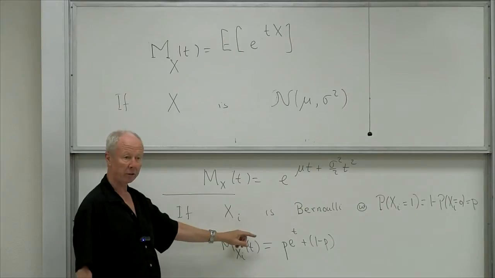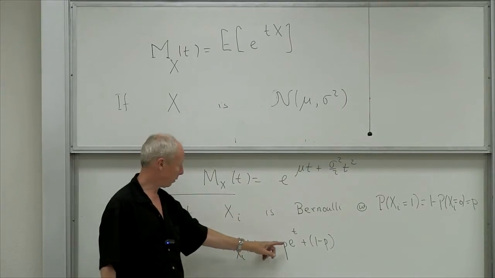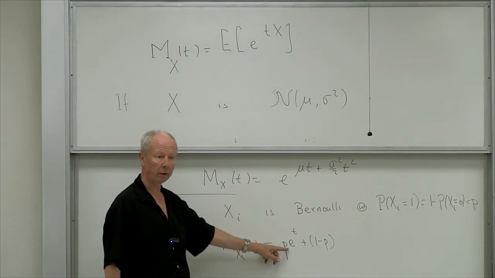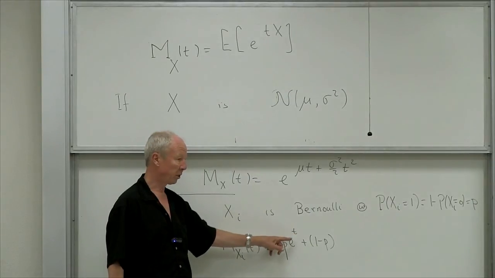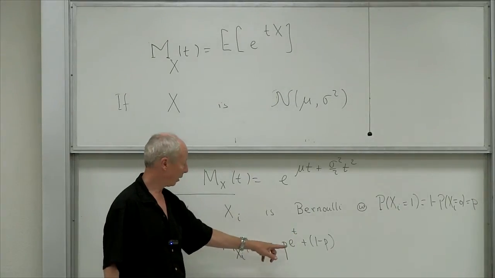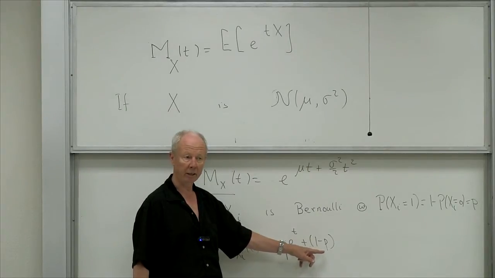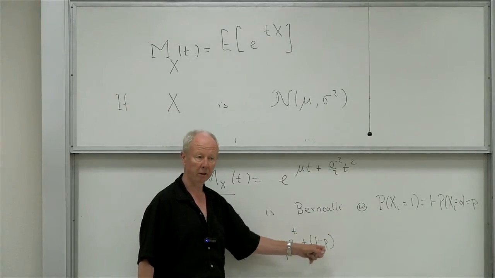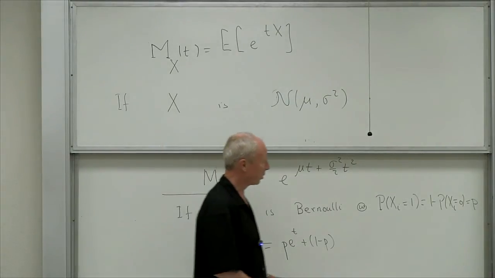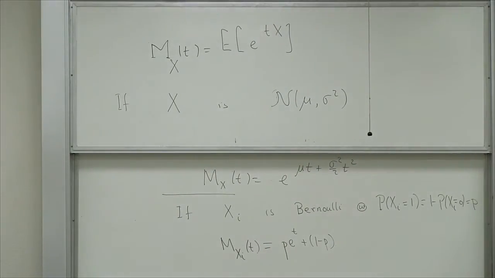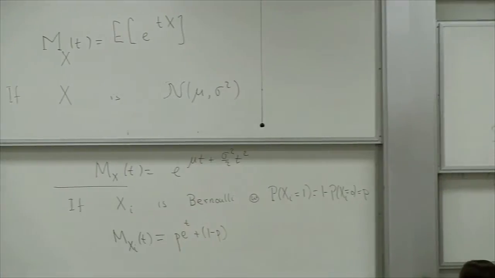X has only two values, 0 and 1. This one corresponds to the 1, right? You get e to the 1 times t, and then the probability of being 1. Why isn't there a t here? Right, it's e to the 0 times t times the probability of being 0. Okay. Now let's suppose X1 through Xn are independent Bernoullis.